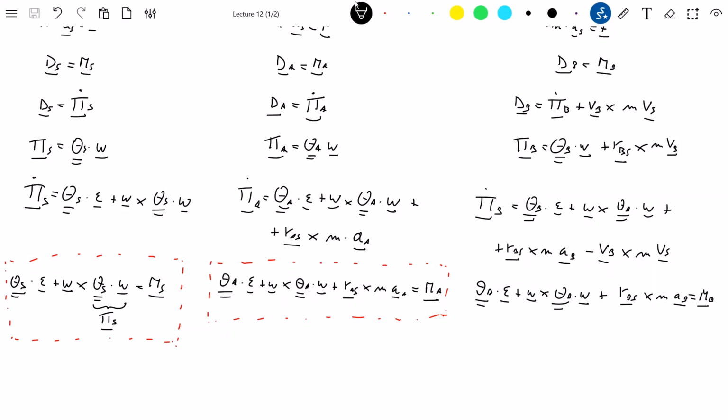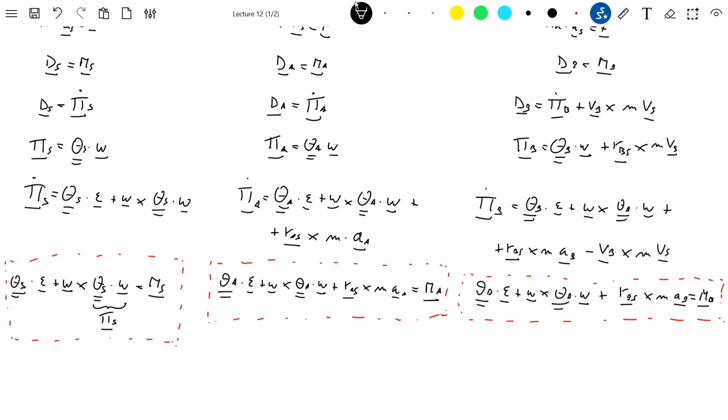So you see that the fact that the point has zero velocity practically does not help us much when we have to write the equation of motion.